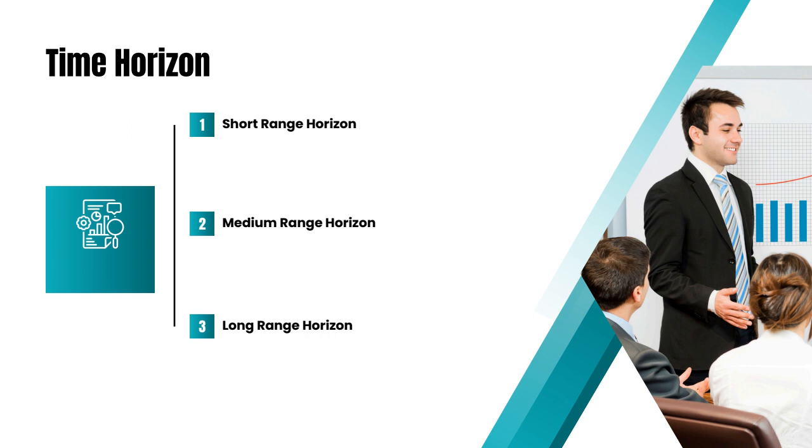The first one is the short range horizon. This is anything from a few weeks to about 12 months. The short range is planning what your purchasing transactions are. So what are you now spending your money on, in terms of how many orders you got, how are you scheduling your jobs from a manufacturing perspective, or if you are an importer, how are you scheduling it from a delivery perspective?